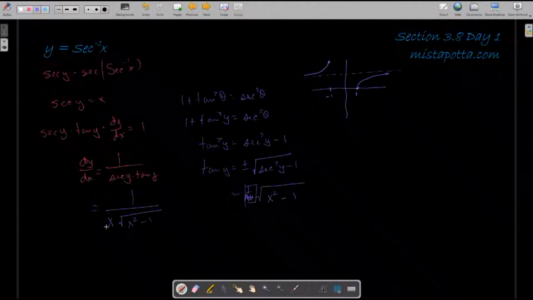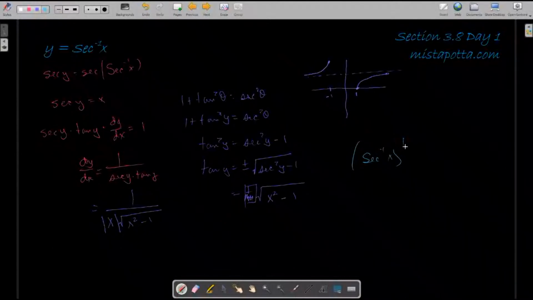And so I need to compensate for that because my slope is always going to be positive. And one of the ways that we do that is we put these absolute value bars around x. Remember, the reason we're doing this is because empirically, graphically, we know that our slope should be positive for the domain of the secant inverse function. And in order to ensure that, we need to take the absolute value as part of our derivative function.